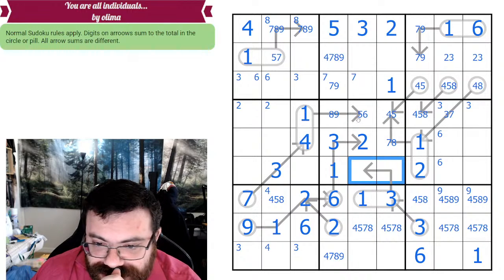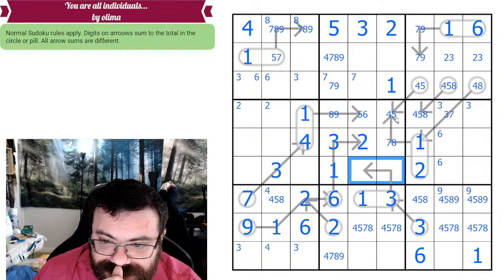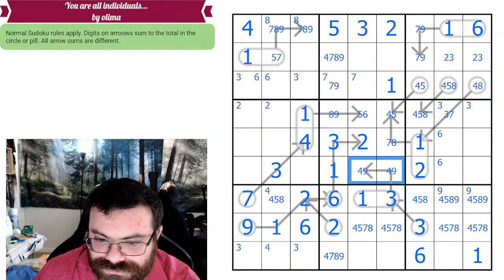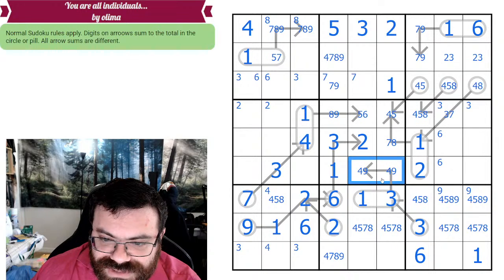That would make 8, 6. That would work. Wait, 5 with 7. Yeah, so that would work. How about 5, 8? 5, 8 wouldn't work, would it? That would leave 4, 7. That adds to 11. So we can't do 5, 8.